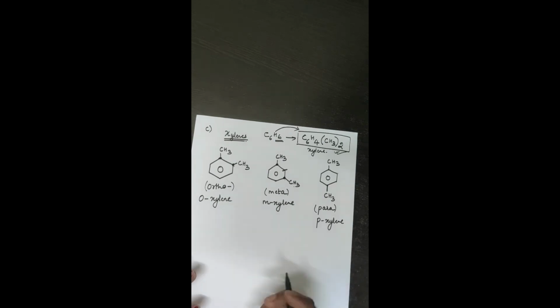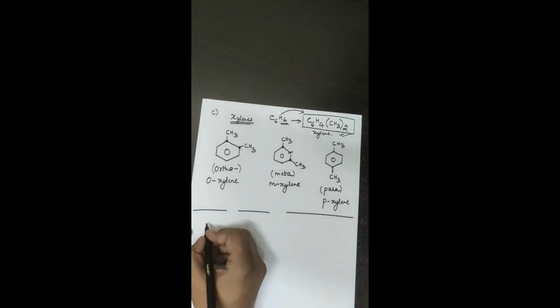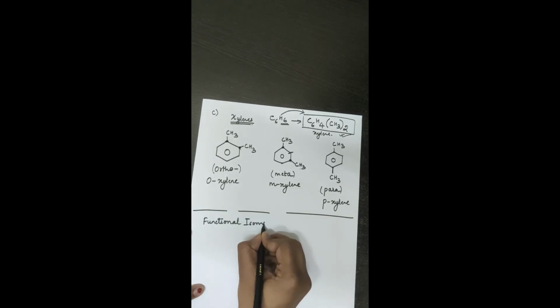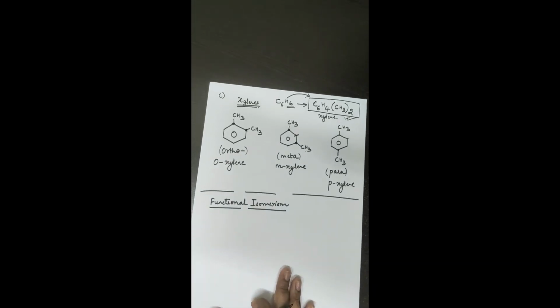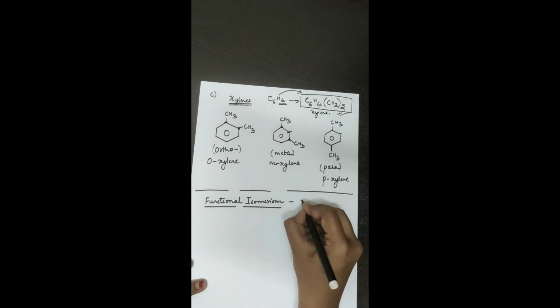You can take another type now, which is your functional isomerism. So this is the 3rd type under your structural isomerism. Now functional isomerism, how will you define it?